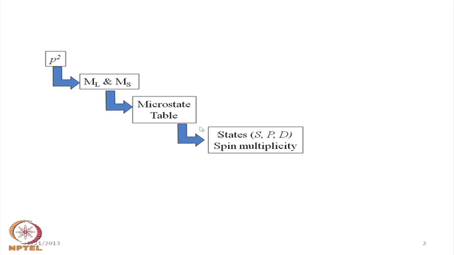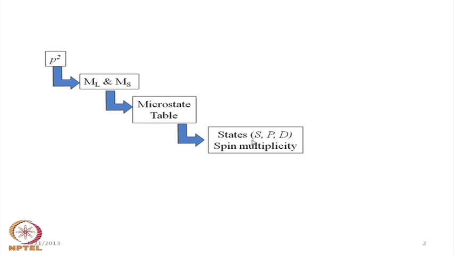Those we can find out, and from there we can go for a microstate table, and from the microstate table we can have the different combinations of ML and MS values, because a particular term is defined by its individual ML and MS values. Then we can get the corresponding states, S, P, D having some spin multiplicity.